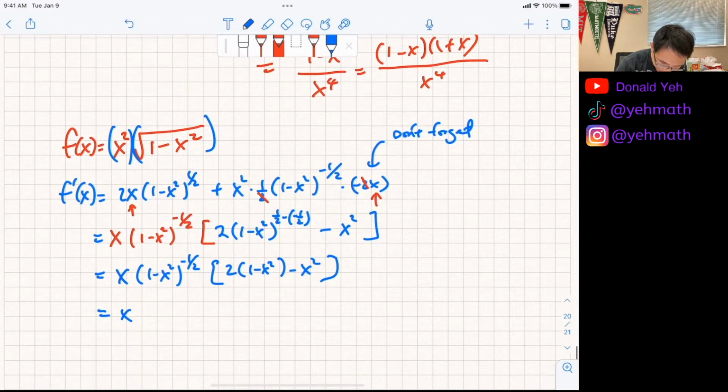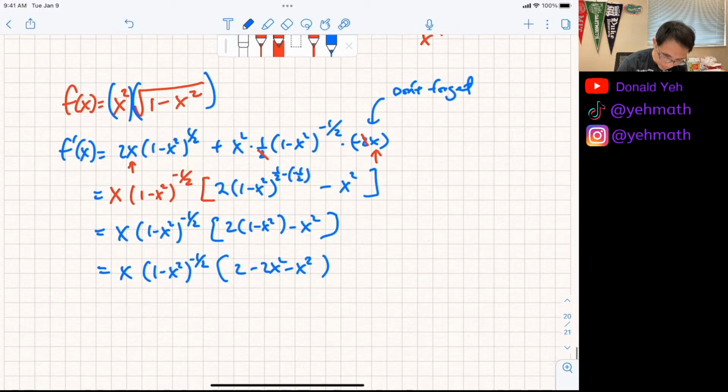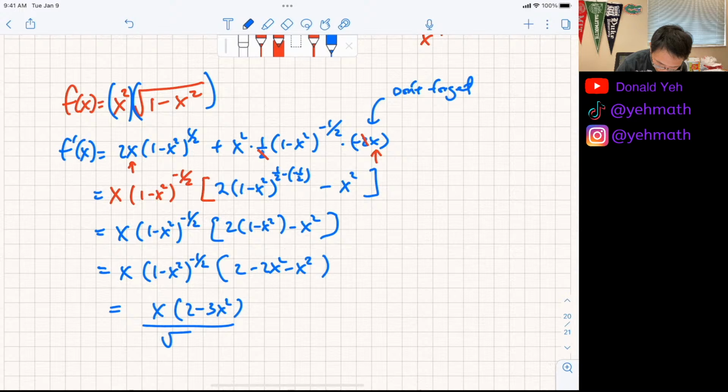It looks really nice because this one's 1 minus x squared to the negative 1/2. This one's just going to be 2 minus 2x squared minus x squared. So you end up with x times 2 minus 3x squared over the square root of 1 minus x squared. And this is my derivative, in the most simplified way.